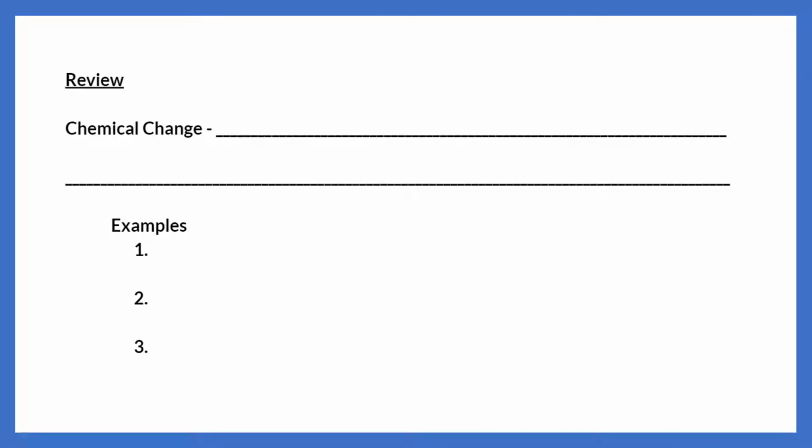So to start off, we just need to review what a chemical change is. A chemical change is when the atoms transform from one thing to another.